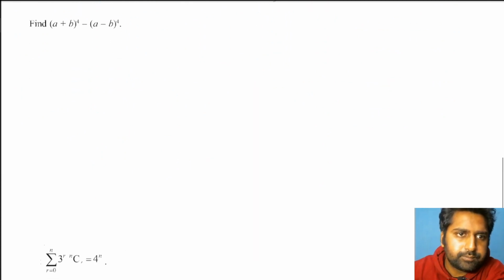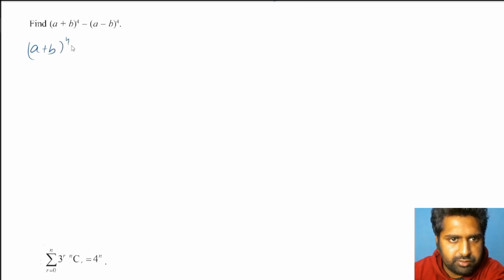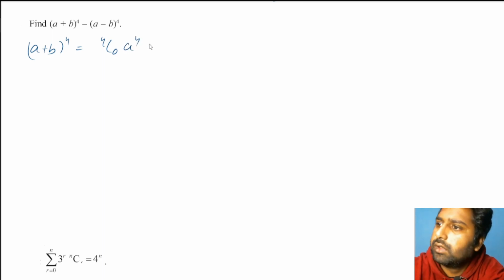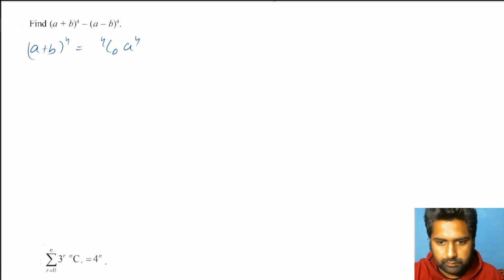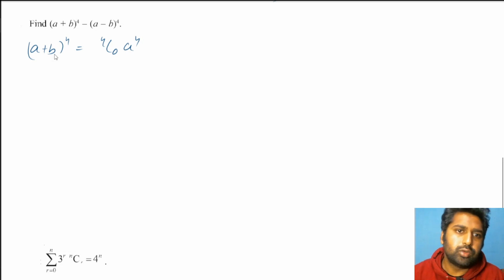Okay, so let's write first the expansion of (a plus b) raised to power 4. So 4C0 a raised to power 4. So we were doing (a plus b) raised to power 4.